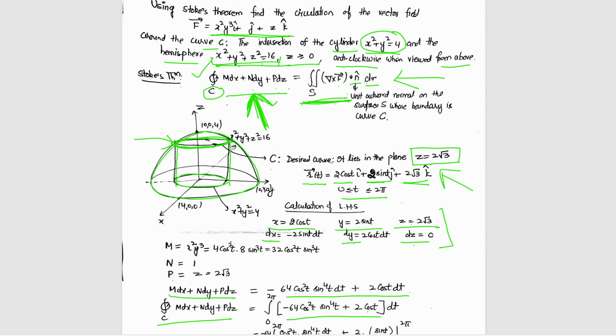But if you are asked to prove Stokes theorem for the circulation, then we need to find both of these integrals and show that they are equal. And if you are asked to use Stokes theorem to find the circulation around the curve C, then we have to find it using this surface integral.